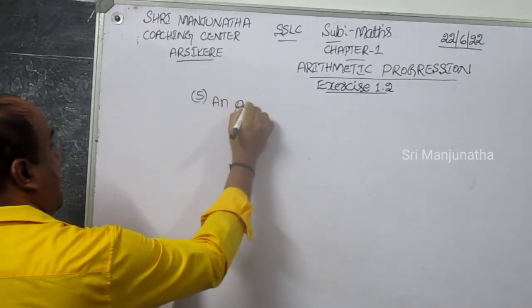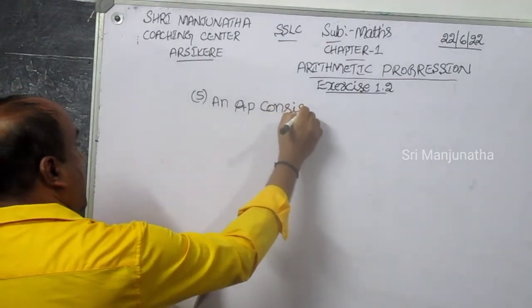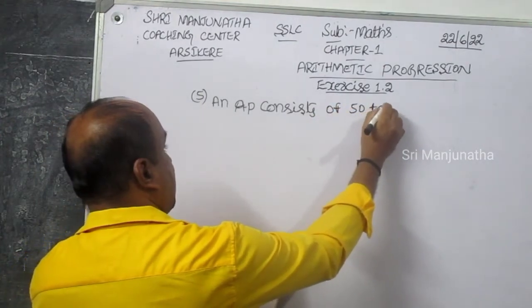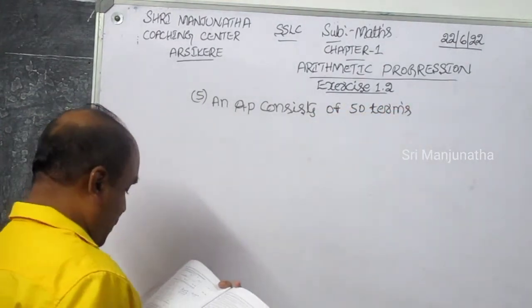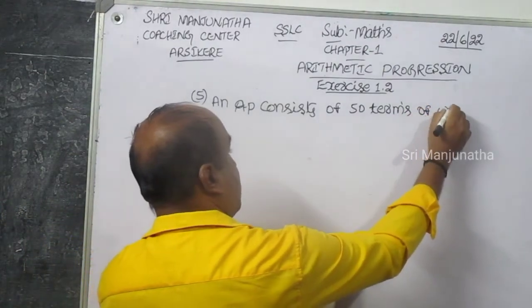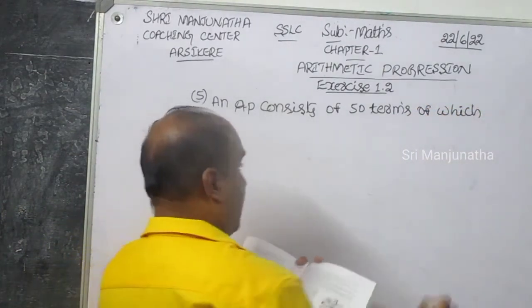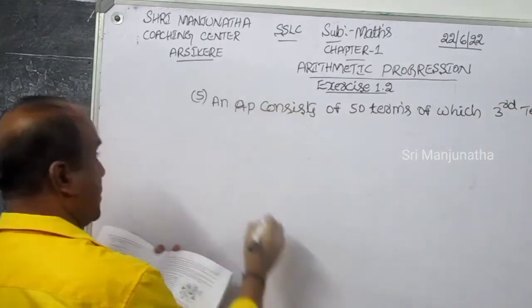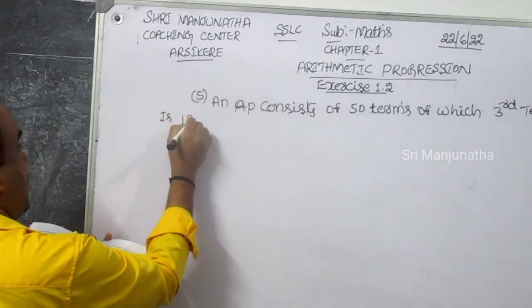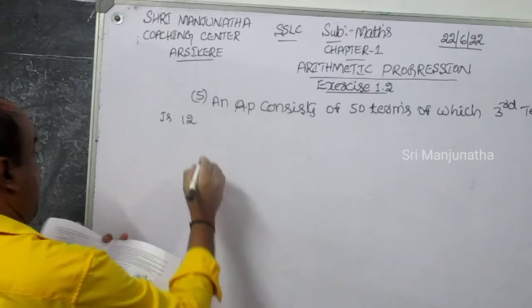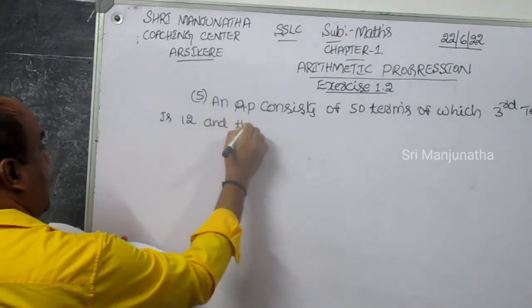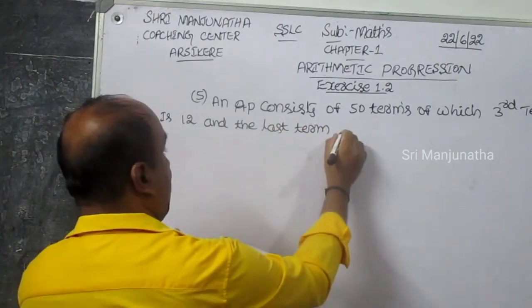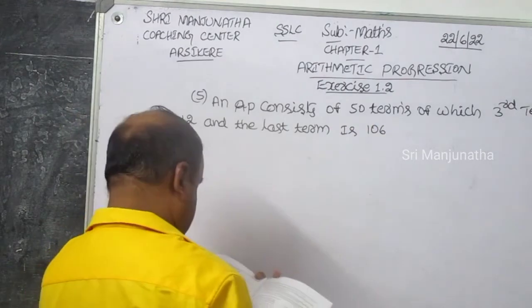An AP consists of 50 terms, of which the third term is 12 and the last term is 106.